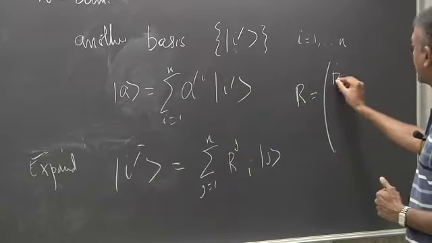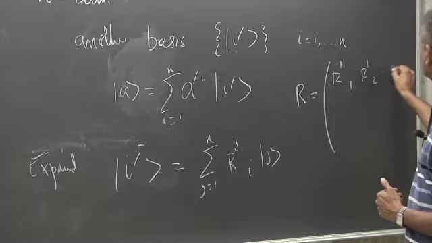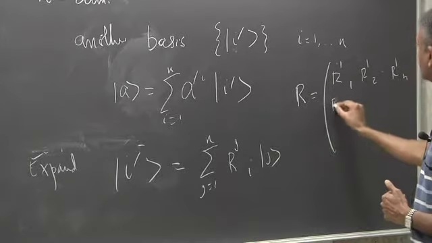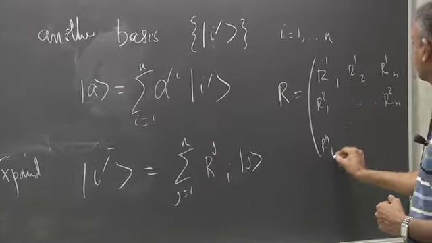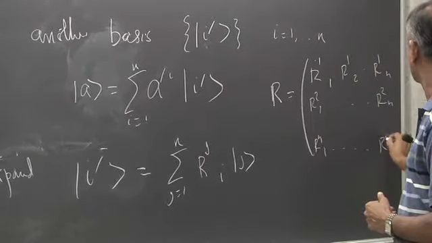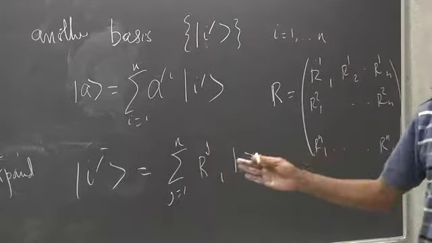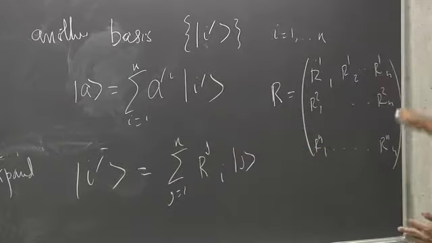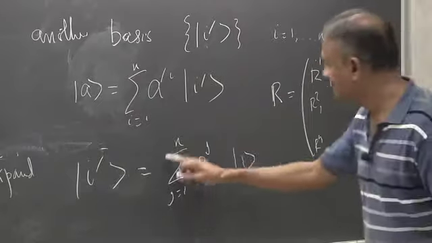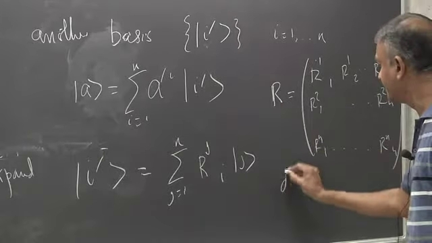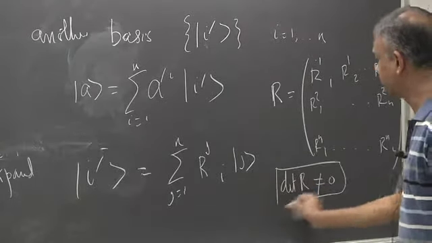So we have R_1^1, R_1^2, up to R_1^n, then R_2^1, etc., and finally R_n^1. Since i and j run from 1 to n, this fills out an n by n square matrix. The important point was that the determinant of R is not equal to 0. That was a necessary condition.